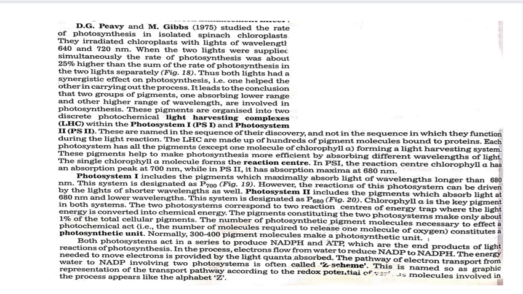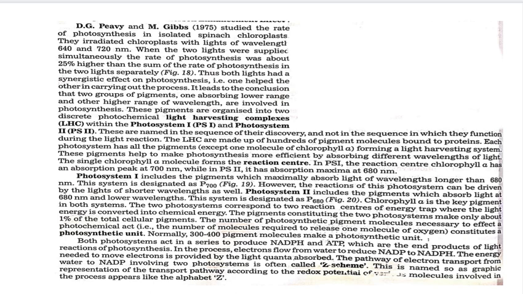You have to remember that. This system is designated as P700, and is driven by light of shorter wavelengths as well. Photosystem 2 includes pigments which absorb light at 680 nm and lower wavelengths and is designated as P680.